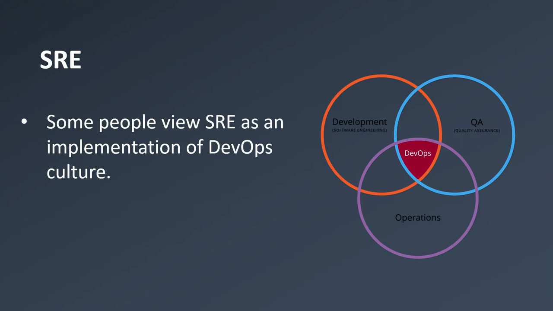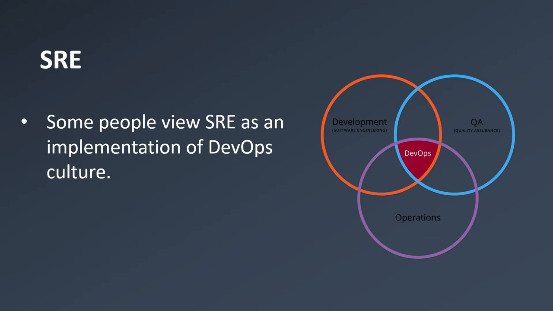Some people view SRE as an implementation of DevOps culture. In DevOps we have development, QA, and operations. It's a mix of these three, and that is how DevOps was formed. Some companies have accepted a DevOps team, and similarly some companies have separate SRE teams.